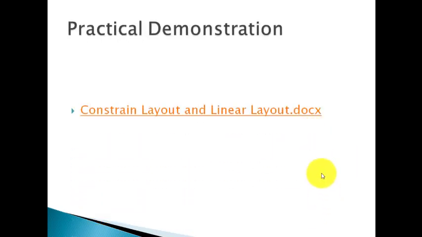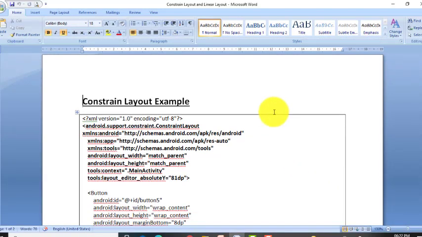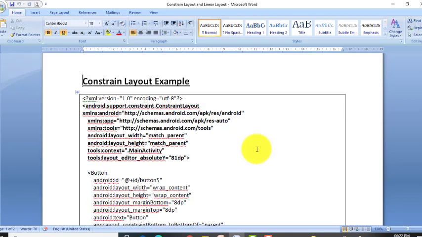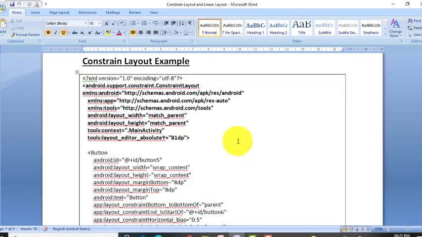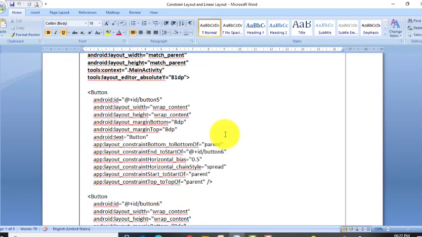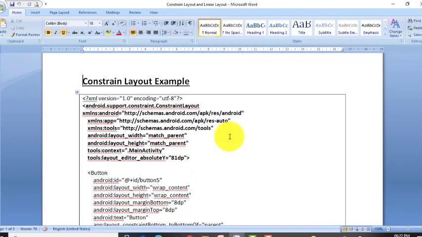The practical demonstration of constraint layout and linear layout. See, constraint layout. In this code we are using a constraint layout, which is the default layout of Android Studio. This is the code for main activity.xml.